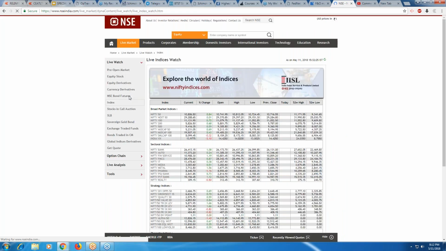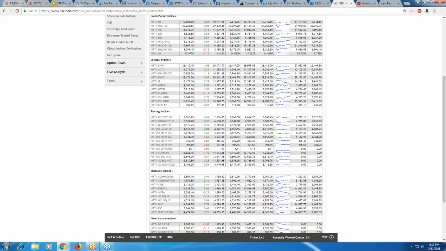And here you get all the indexes. Take a few stocks from banking stocks to auto stocks to FMCG stocks to IT stocks to media if you want. There's only one which does well, Zee Media. And then you can take a metal stock, a pharma stock, a PSU bank stock, a private bank stock and a realty stock. That takes care of the entire length and breadth of the market, right?